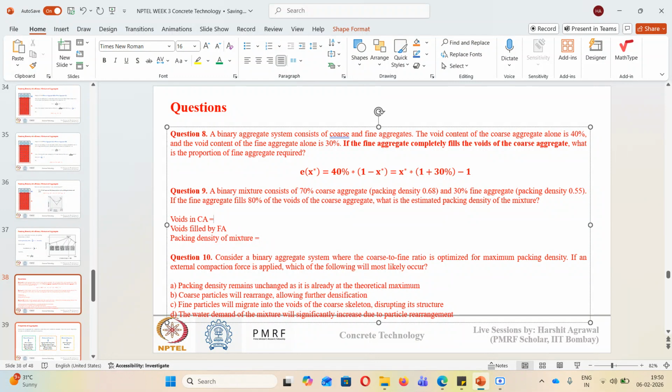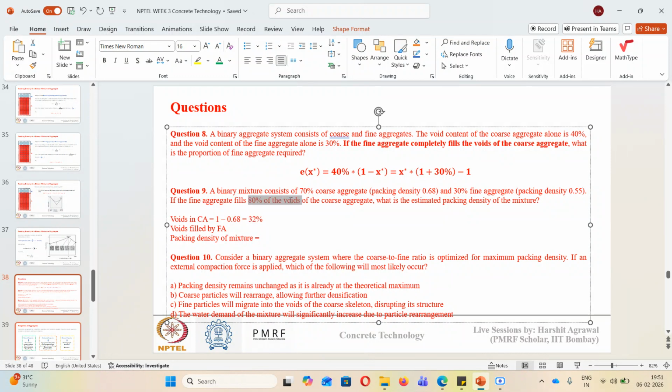So if we know the packing density of coarse aggregate, how do we determine the voids in coarse aggregate? It is nothing but 1 minus packing density. So 1 minus 0.68, that is 32%. So this is my voids in coarse aggregate. Now what is the question saying?